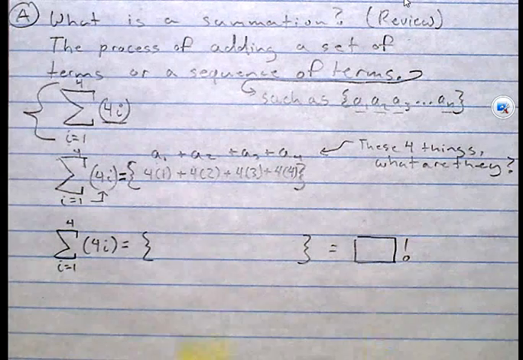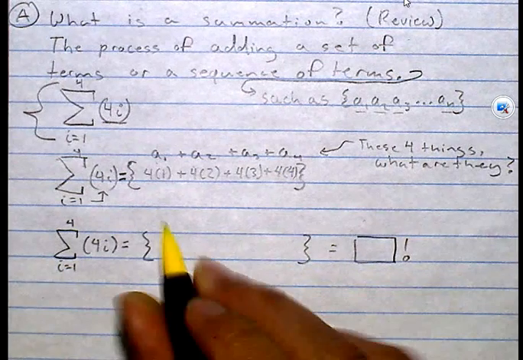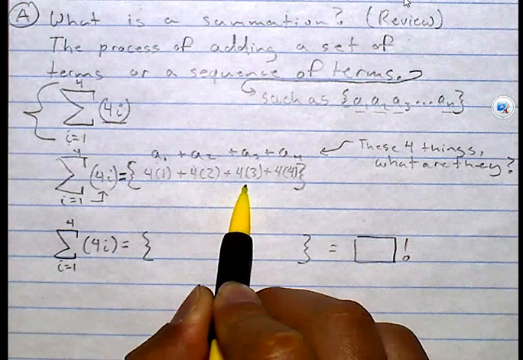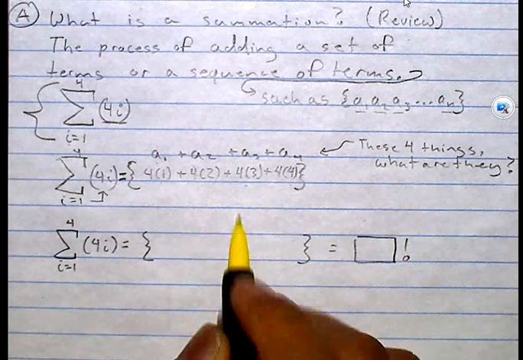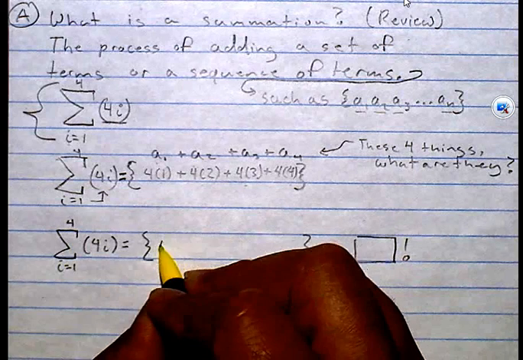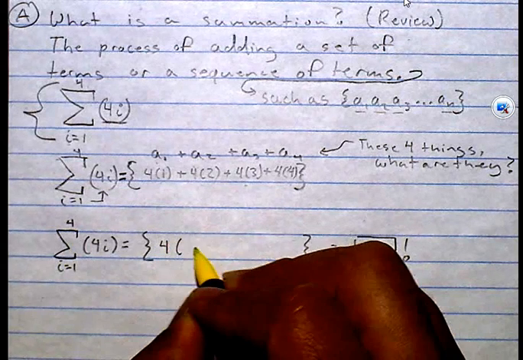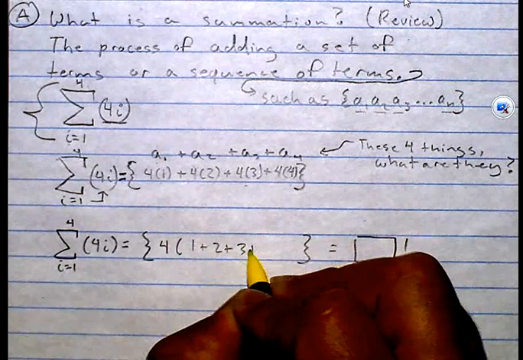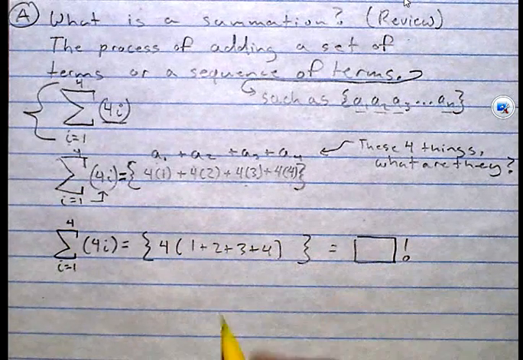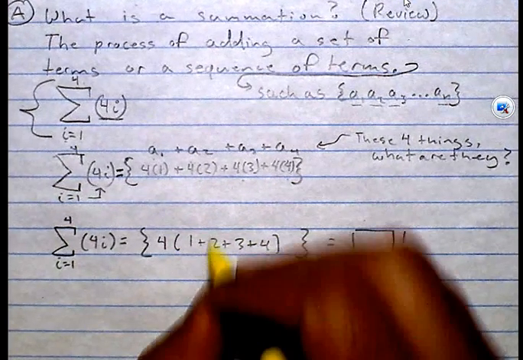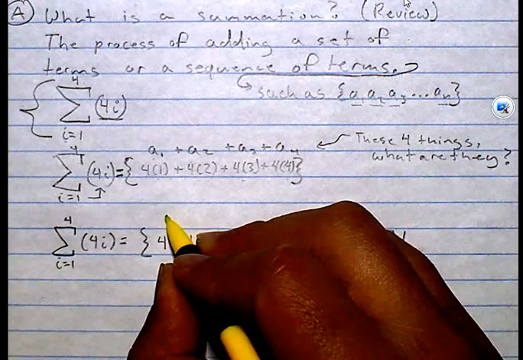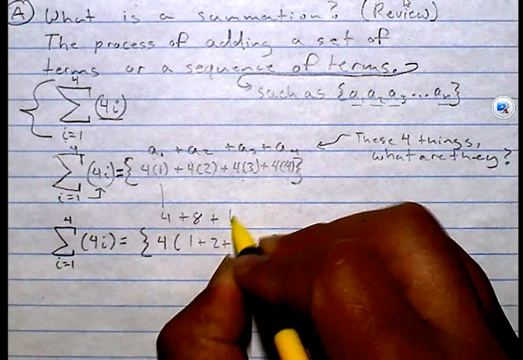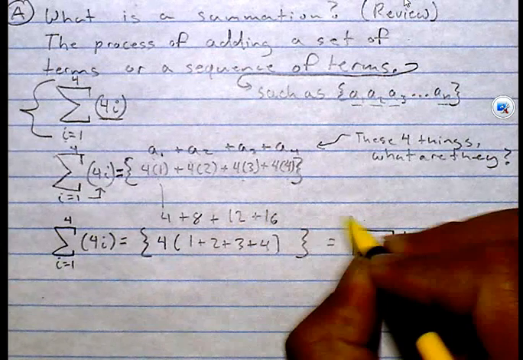That's basically 4 plus 8 plus 12 plus 16, or you could actually factor out the 4 and do 4 times (1 plus 2 plus 3 plus 4). I just like being fancy. It's really 4 plus 8 plus 12 plus 16. How you write it is up to you.